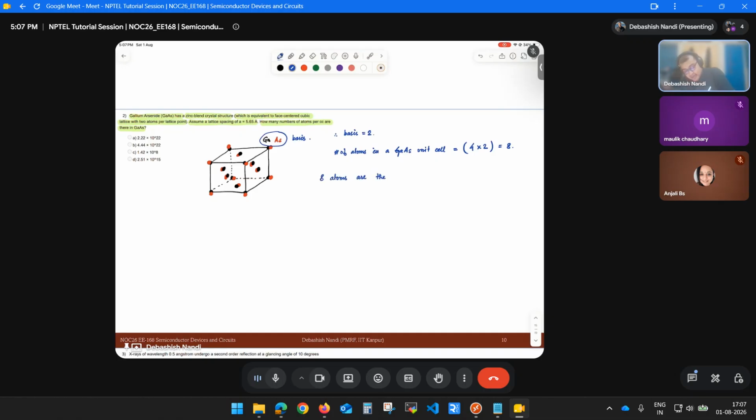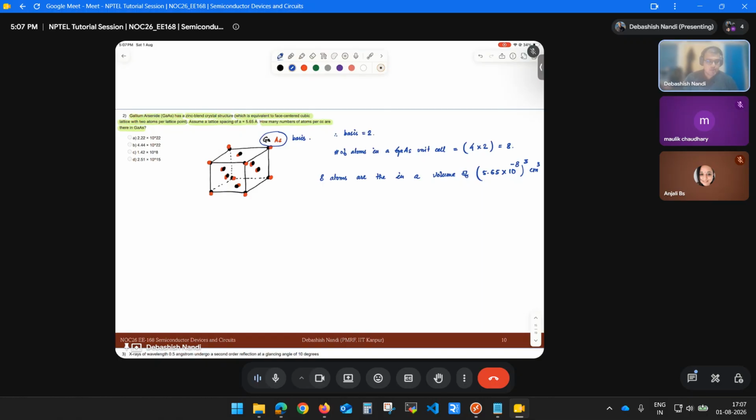are there in a volume of 5.65 into 10 raised to minus 8 whole cube centimeter cube. I have just converted angstrom to centimeter. Angstrom to centimeter is 10 to the power minus 8.